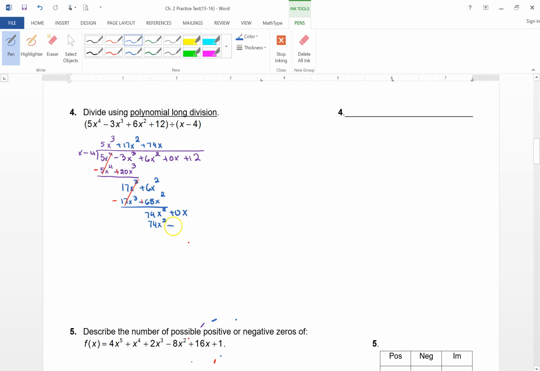74 times negative 4 is negative 296. We want to change the signs to add. So here I get 296x plus 12. 296x divided by x is 296.